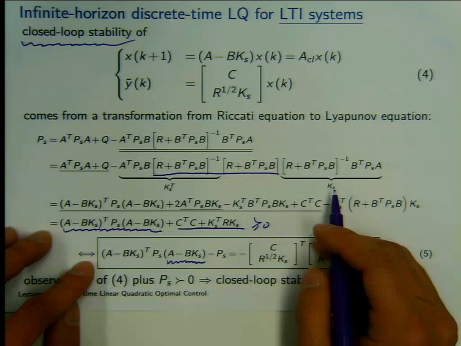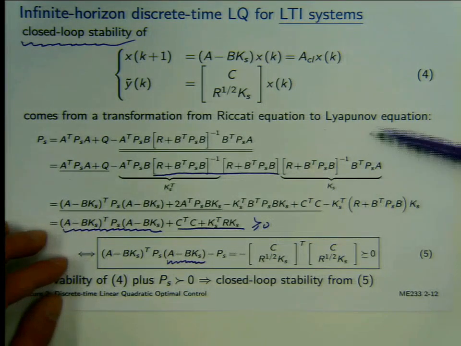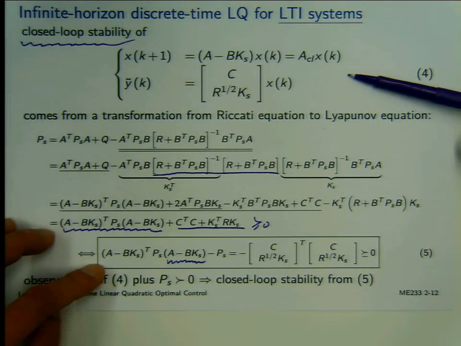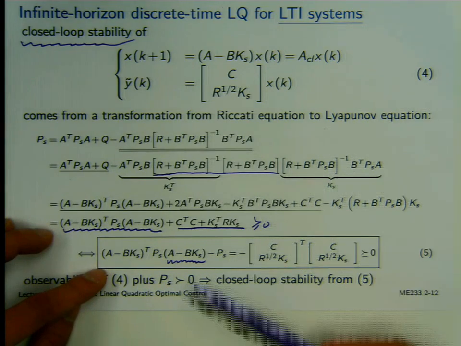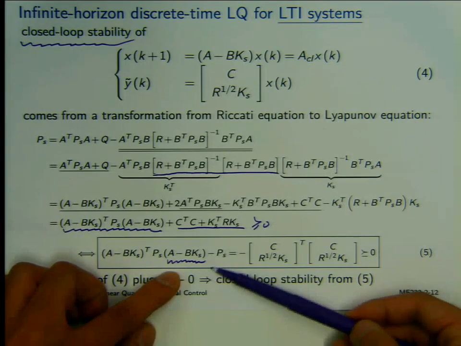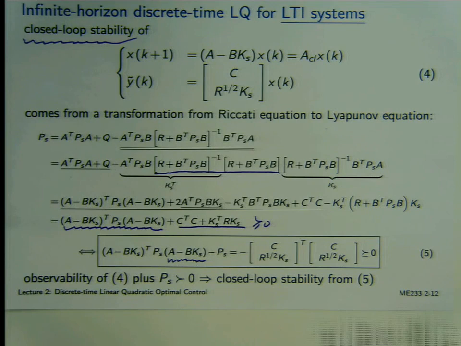What's your conclusion here? My conclusion is now I have found the Lyapunov equation for this closed-loop system. This Lyapunov equation is about this closed-loop A matrix here. So I found the Lyapunov equation, and I have shown that for this positive semi-definite matrix, I have found a positive definite P. That means the closed loop is at least stable in the sense of Lyapunov.